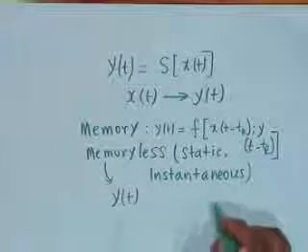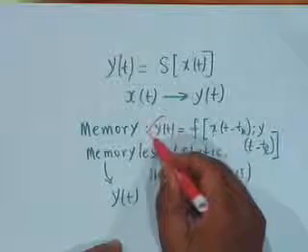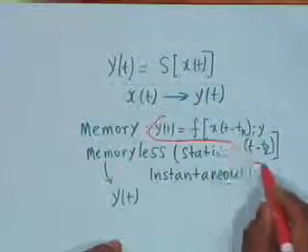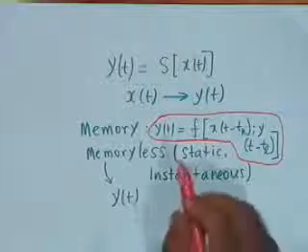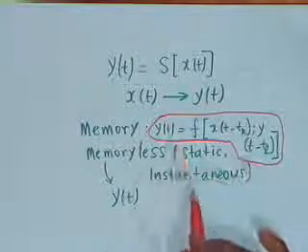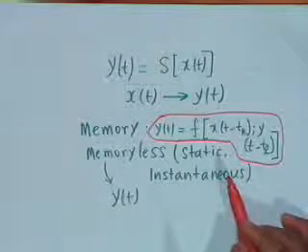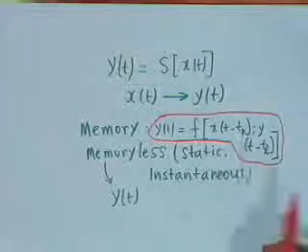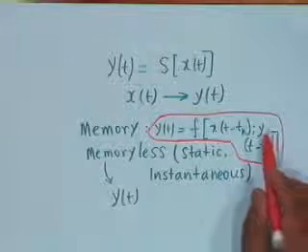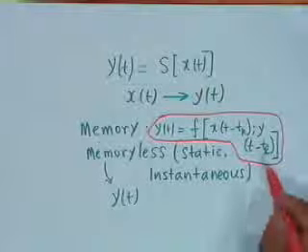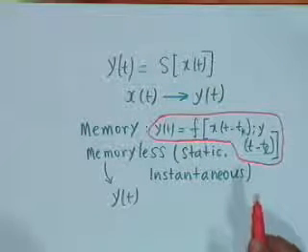This may be a simple way of characterizing a continuous time memory system. The output at the instant t depends on x of t minus tk, where k may have a number of values, t1, t2, t3 and so on. Similarly, it may also depend on some of the past outputs, y of t minus tL, where L may have a number of values, 1, 2, 3 and so on.